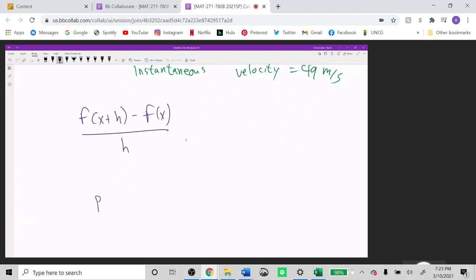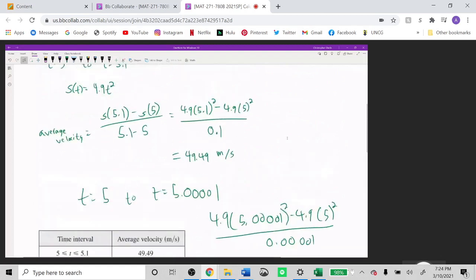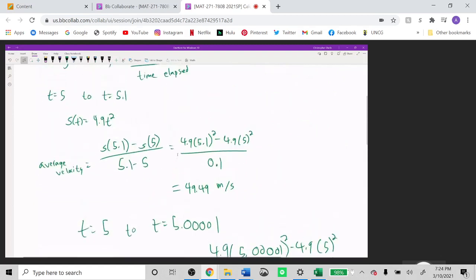The one point that we have solidly is the point 5, 4.9 times 5 squared. This is one of our points that we've used consistently, right? 4.9 times 5 squared corresponds to the distance traveled after 5 seconds.